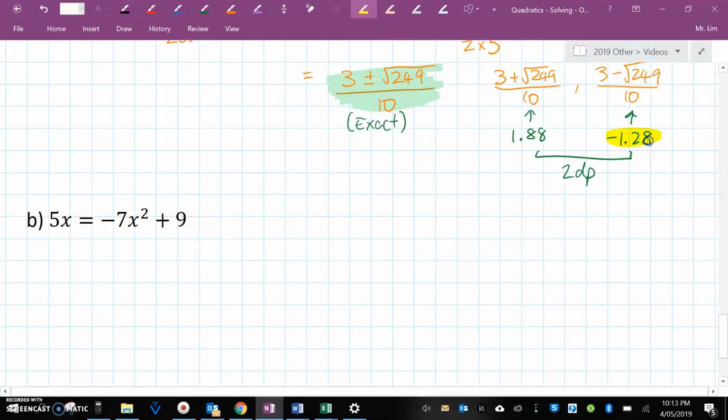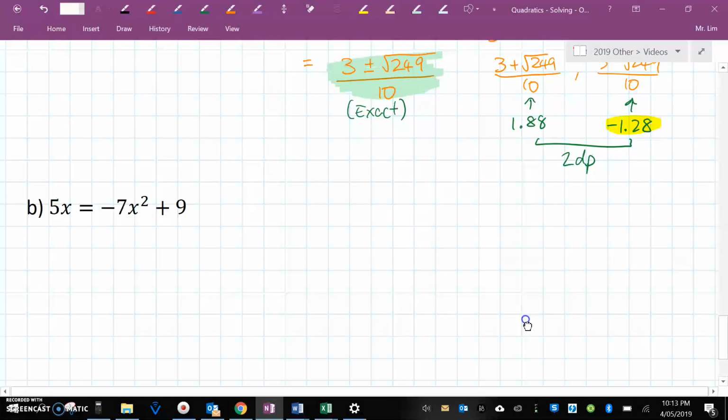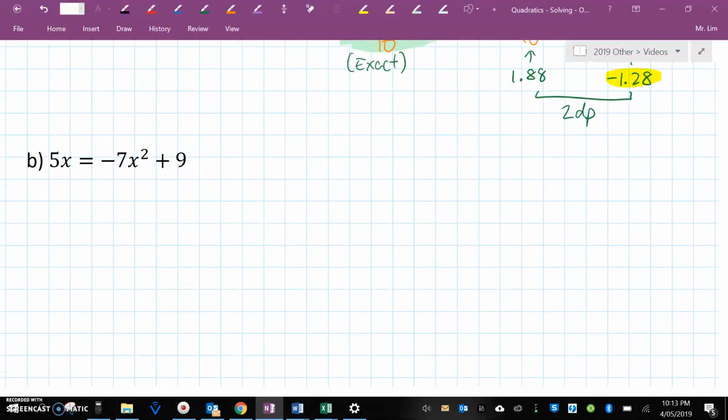For question B, it is not in ax squared plus bx plus c equals 0 form. So we need to change this. At the moment, x squared is negative, so we're going to move all of that to that side. So we're going to add 7x squared and minus 9.